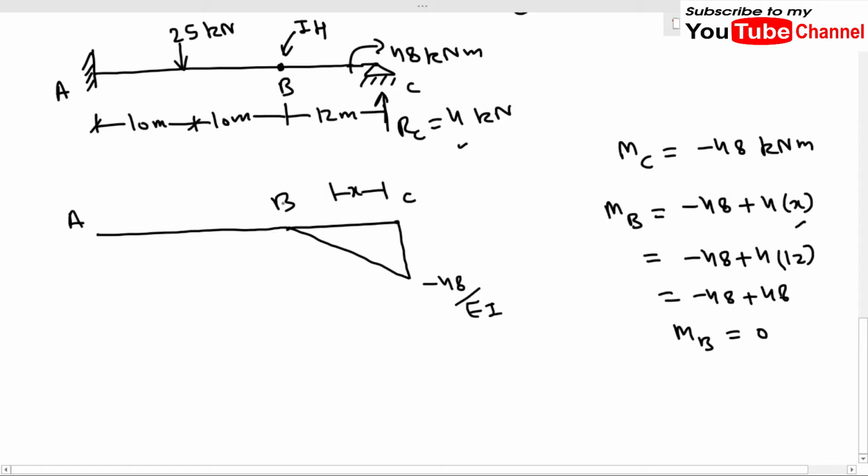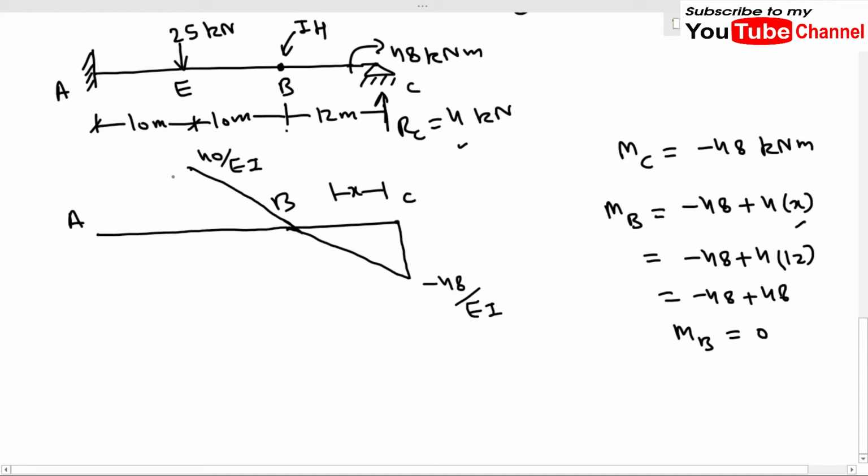So if I just calculate the moment at, let me say this point as E. Okay, so we have at B 4 kilonewton of reaction. Okay, so it will be 4 times 10, which will be 40. So it will go something like this. So this will be 40, and this will be 40 upon EI. Okay, this will be in continuation with this line.